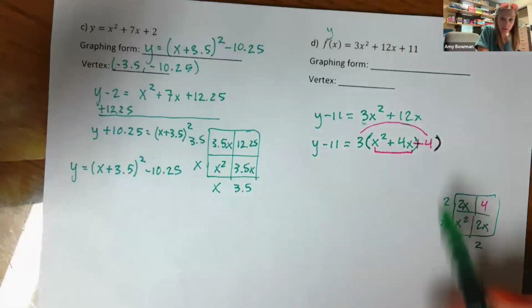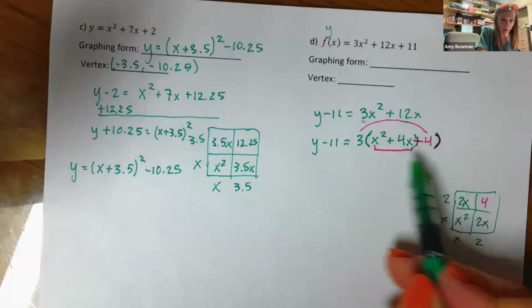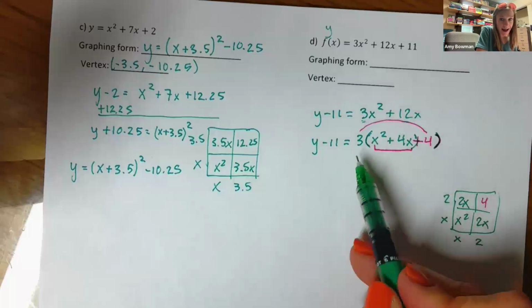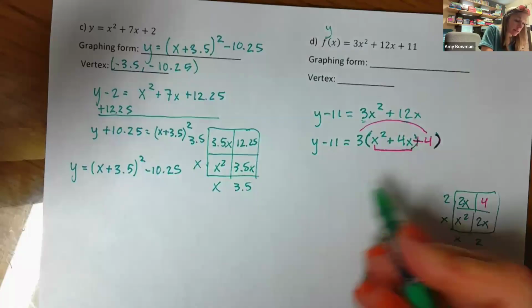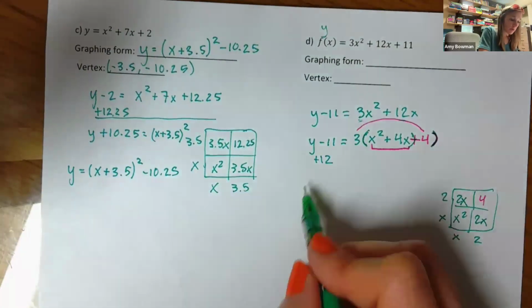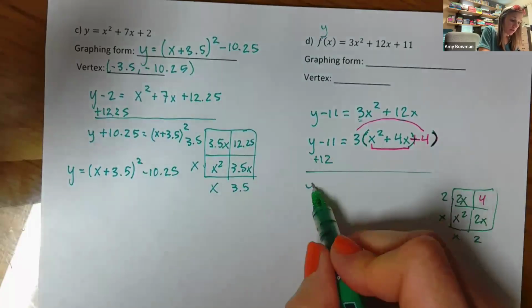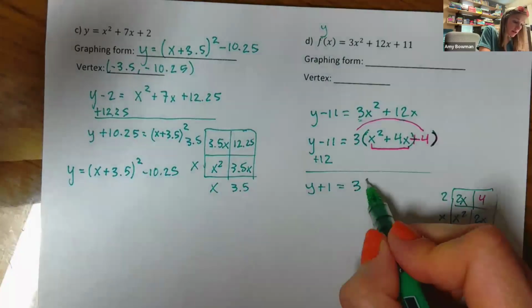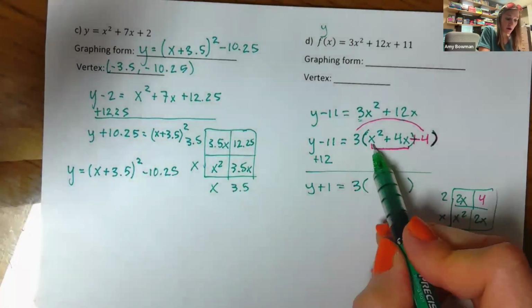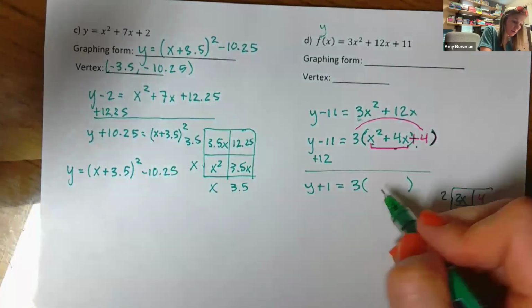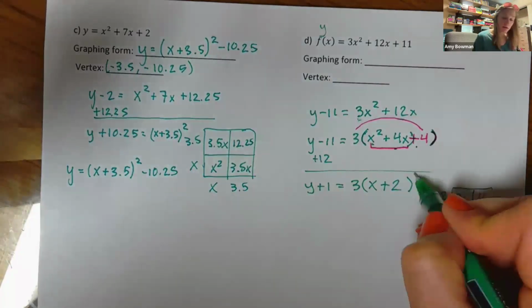So instead of adding 4 to complete the square and then adding 4 on this side, that plus 4 is actually adding 12. So that means I need to add 12 to this side as well, which means now we have y plus 1 equals 3 times. Now I can write x squared plus 4x plus 4 as the perfect square dimensions of x plus 2 squared.